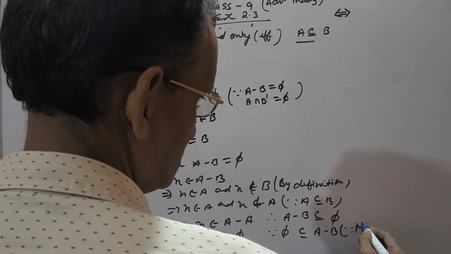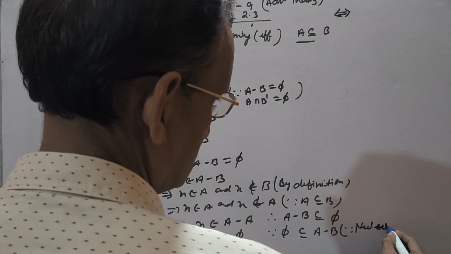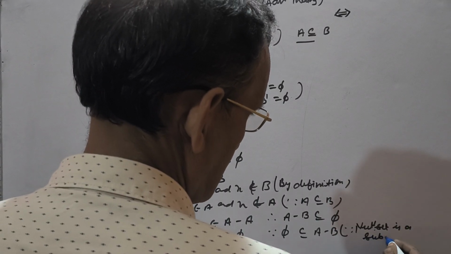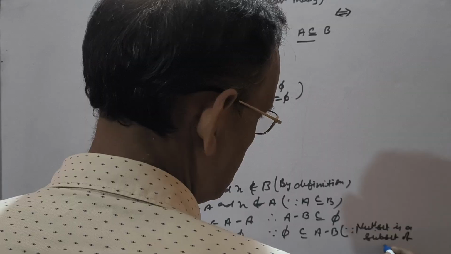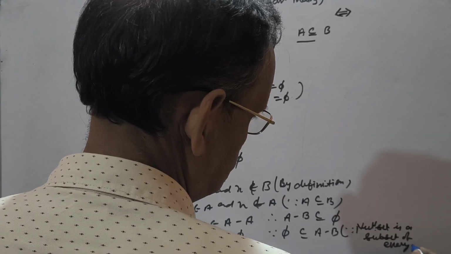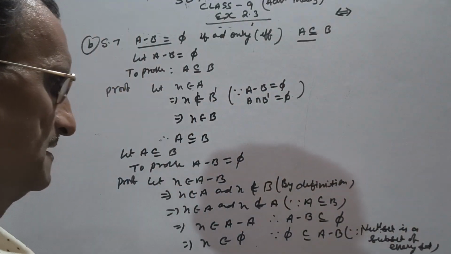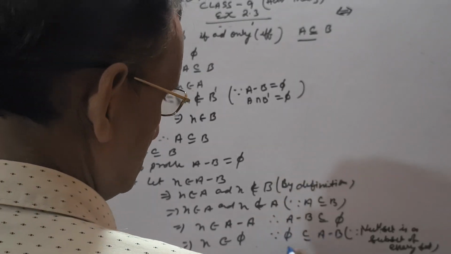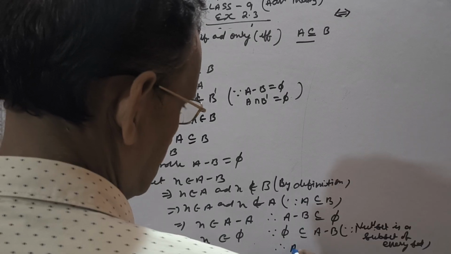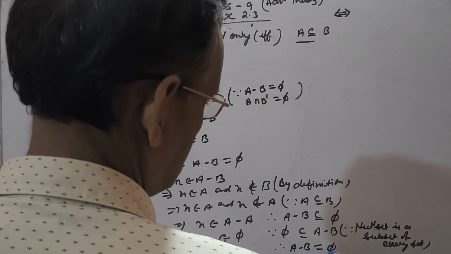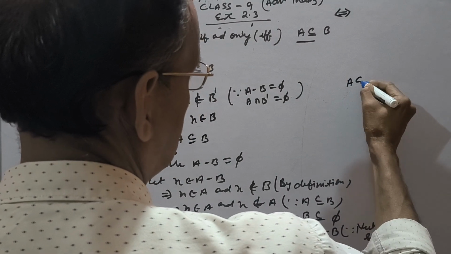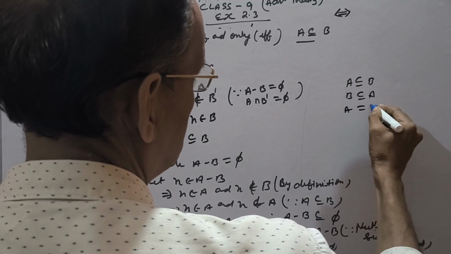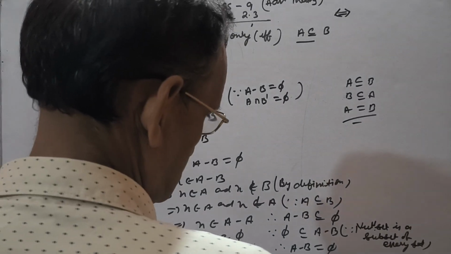Now, if A minus B is a subset of the empty set and the empty set is a subset of A minus B, what is the meaning? A minus B equals the empty set. See, if A is a subset of B and B is a subset of A, then only A equals B. So hence proved.